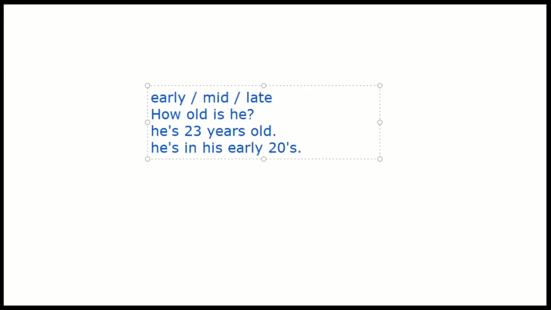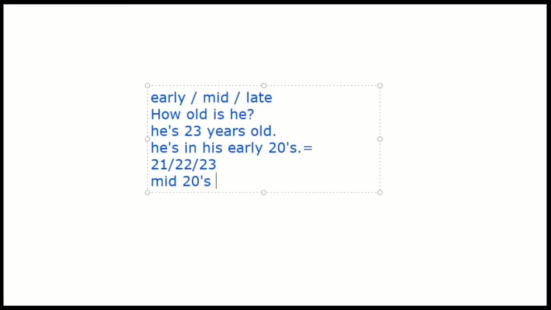Early 20s, by the way, stands for 21, 22, 23. These are early 20s, okay? And if I say he is in his mid 20s, now you think of what? Mid 20s. You think of 24, 25 and 26. This we call mid 20s.